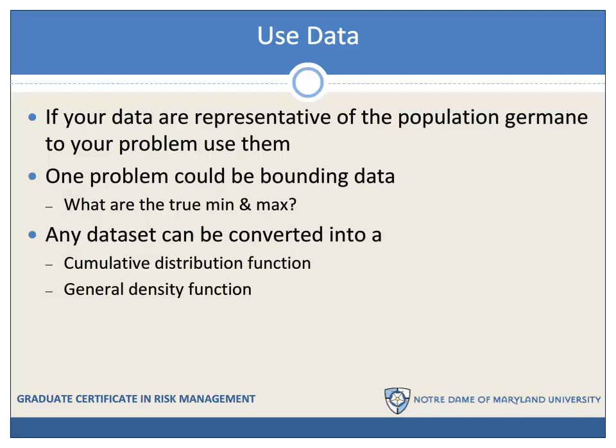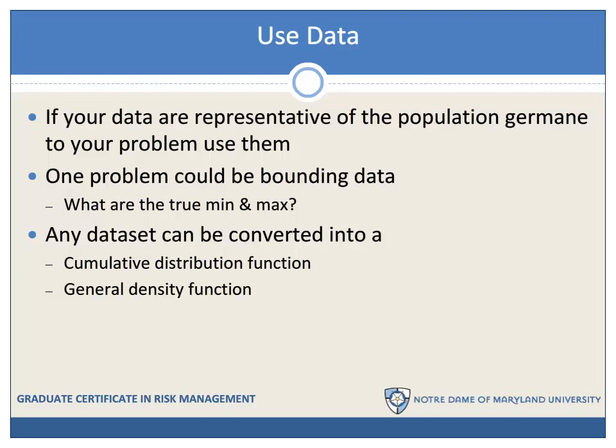Let's imagine that I'm building a risk assessment model, and one of the input variables is water temperature. We've seen that that's come up in our Vibrio parahemolyticus case study. So imagine that I have some data. We have some measurements of water temperature. Well, if my data are representative of the population that's germane, I can use them.